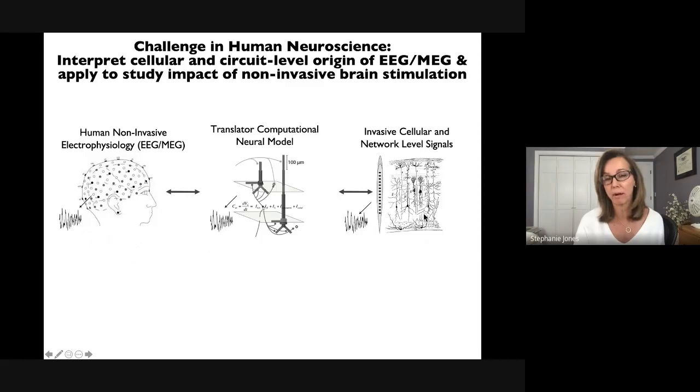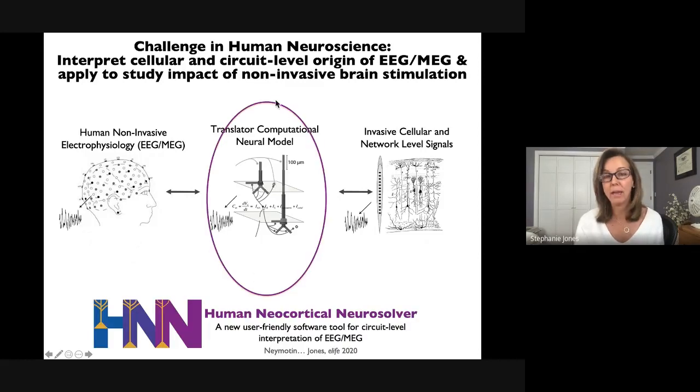This has been a primary focus of my lab. And we've recently turned this modeling framework into this software tool that we're calling Human Neocortical Neurosolver. We're designing it for the EEG and MEG community to be able to start to develop and test predictions on the origin of their human EEG signals.